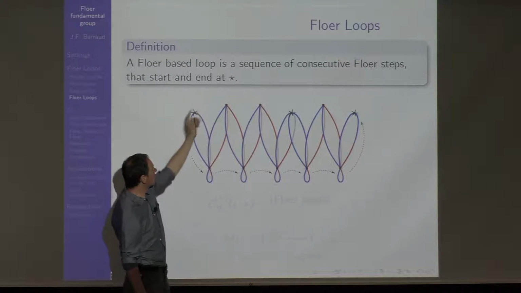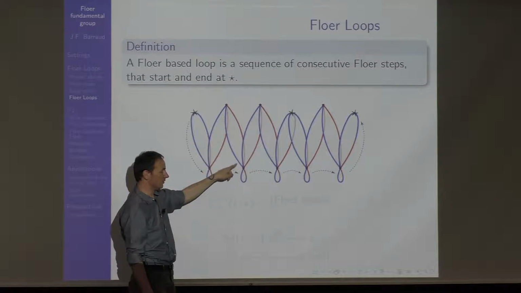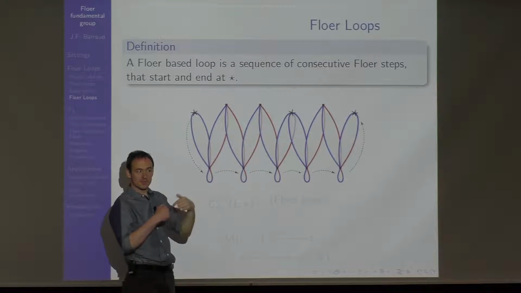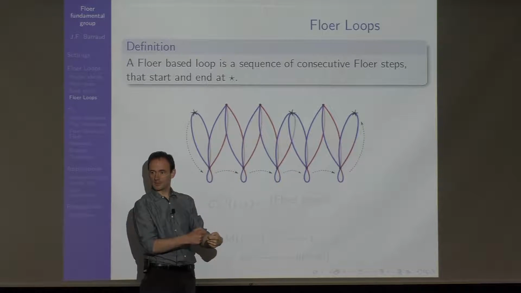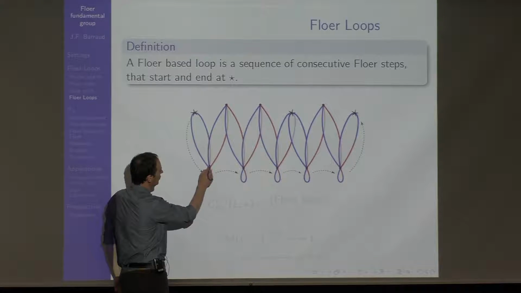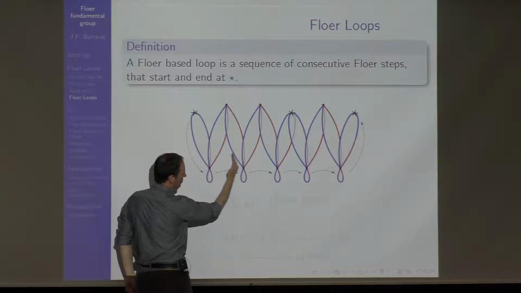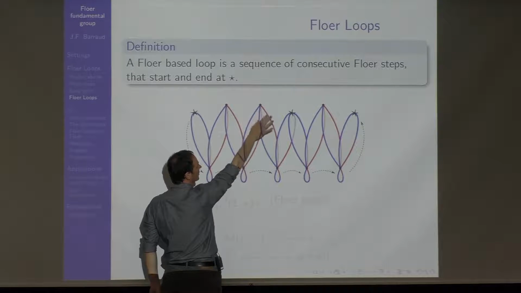And consecutive steps mean that, of course, a step is oriented. There is a beginning and an end. And two steps are consecutive if the augmentation you have at the end of one step is the augmentation you have at the beginning of the next one. So here, when I glue there, I have one parameter, a continuous family of trajectories. But then when I switch from there to there, it's completely new.